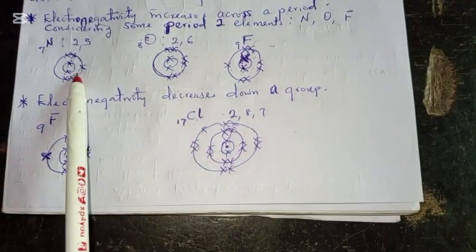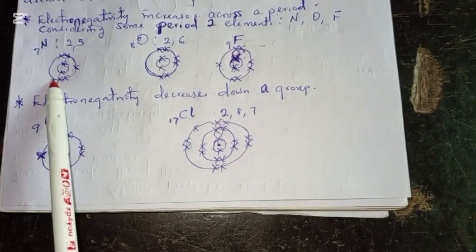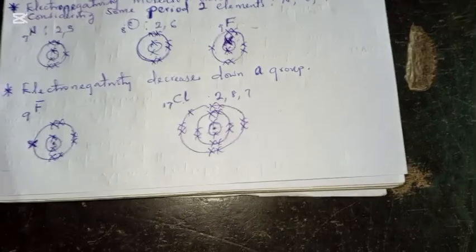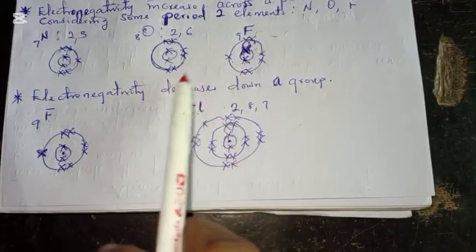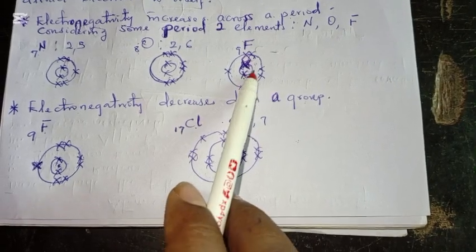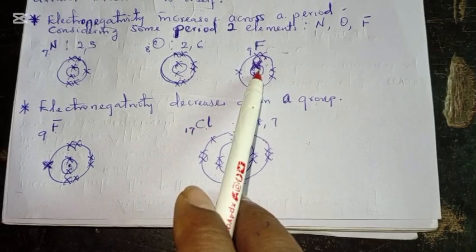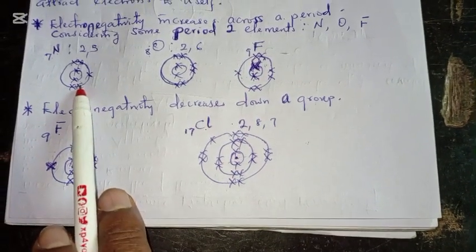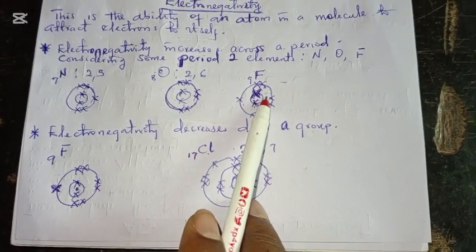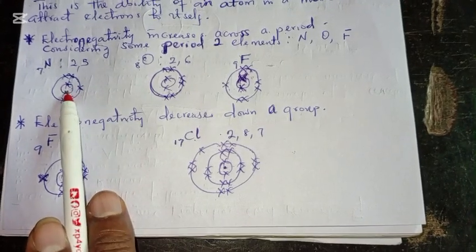On that note, the protons tend to attract the electrons when we consider the trend from left to right across the period, which means fluorine will tend to pull its electrons closer to the nucleus so as to reduce the atomic radius compared to nitrogen. On that note, it is very readily able to attract electrons more than oxygen and nitrogen.